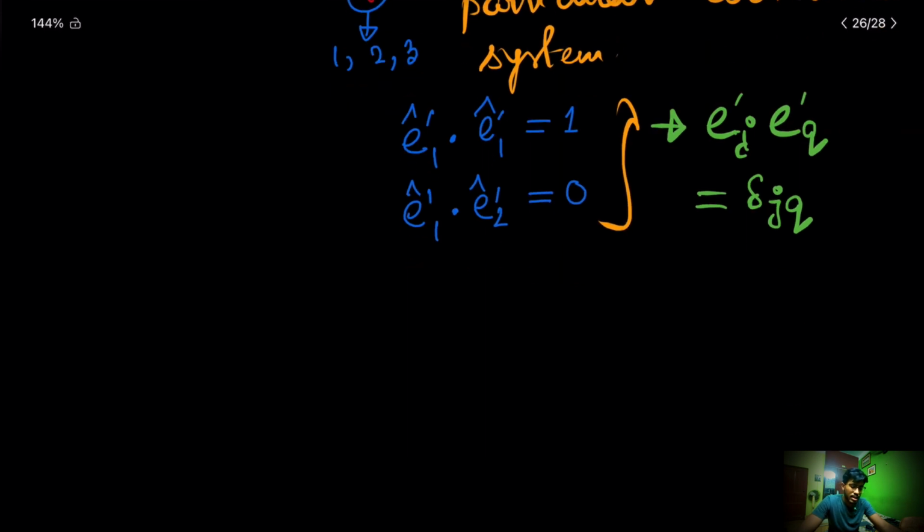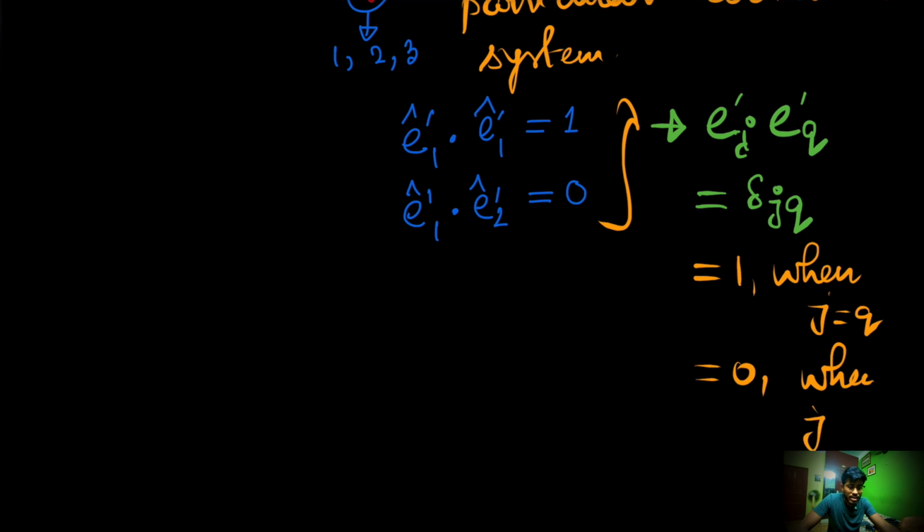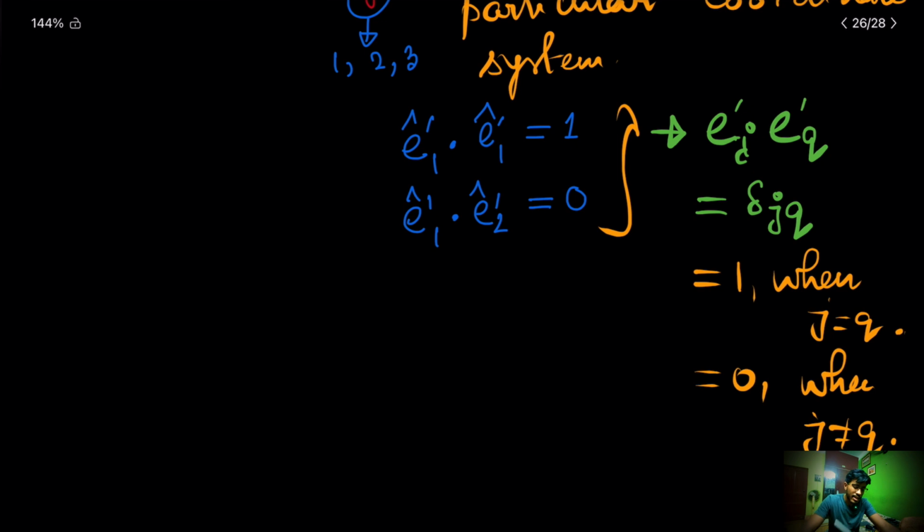Now you see this j and q can both take values from 1 to 3, but also we know that this is a special tensor, the Kronecker delta, and it is equal to 1 when j is equal to q, and equal to 0 when j is not equal to q. So we know this, right? And what is the property of the dot products between different unit vectors?